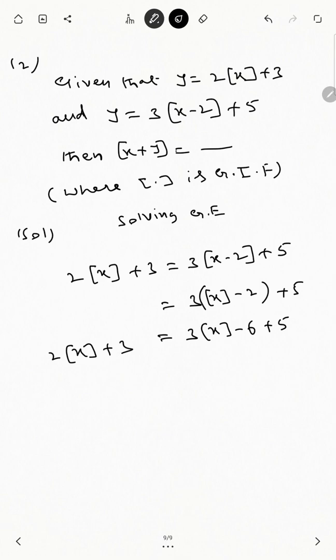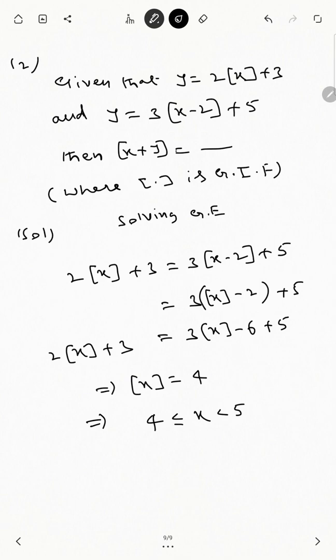From this you can find integer part of x, that is equal to 4. On simplification we are getting 4. So obviously x will lie between 4 and 5 from the definition of the integer part. Whenever integer part of x is equal to 4, x will lie between 4 and 5, 4 point something or 4.